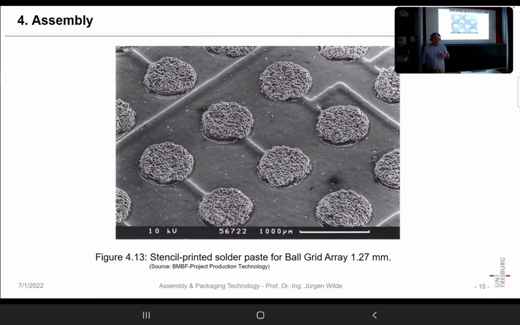Typically, it was several years of development work. Let me say the ball grid array was invented at the beginning of the 90s, and it was really established in automotive technology maybe in 2010 or so. There are 20 years between.